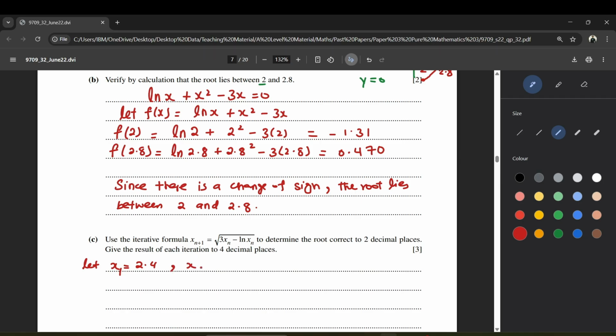Now x2 will be root of 3 times 2.4 minus ln of 2.4. So let's work this out.